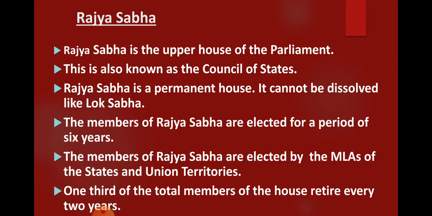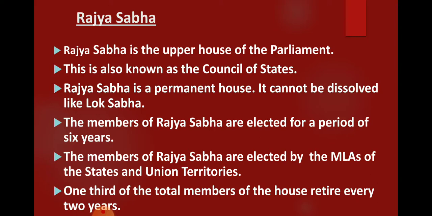The members of Rajya Sabha are elected by MLAs of the states and the union territories. The members of Lok Sabha are elected directly by the people of the country. We studied that 552 members are there in Lok Sabha.